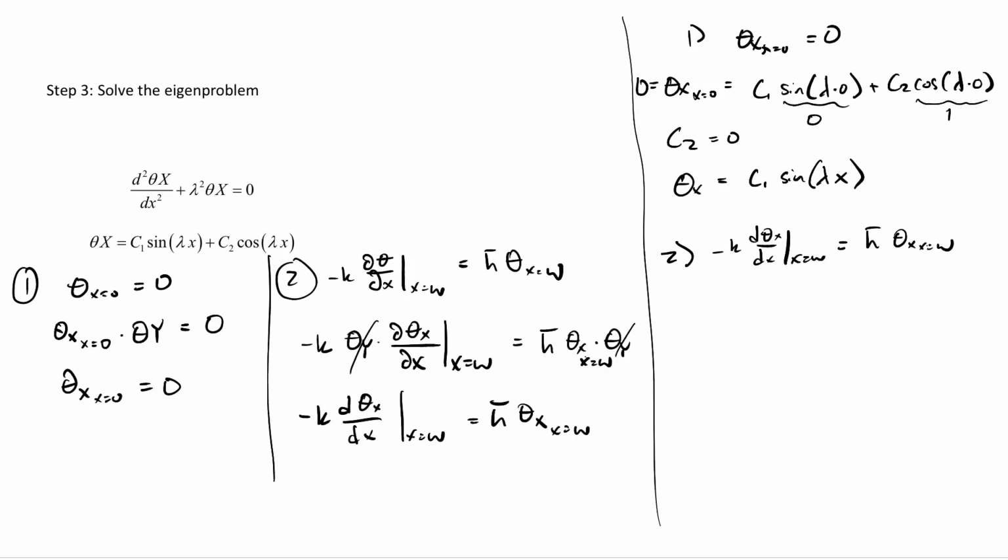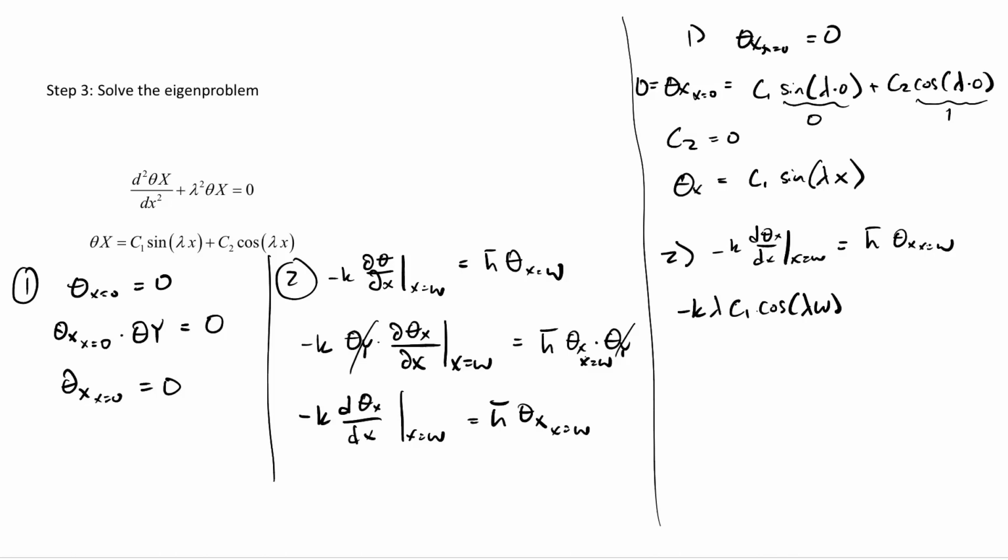So what's the derivative of that function? It's just lambda times cosine. Okay, so we end up with, here we have minus k times lambda times C1 times cosine of lambda w, right?